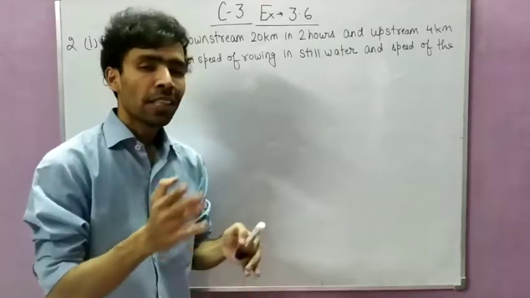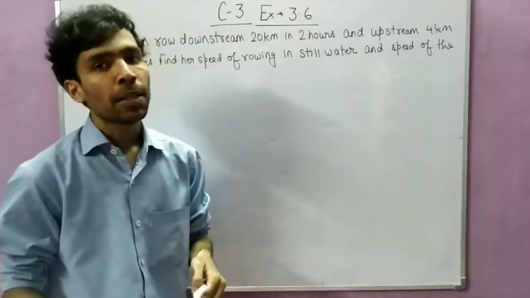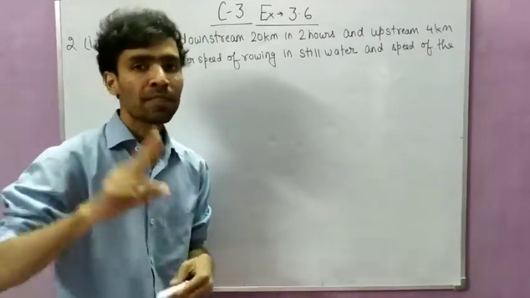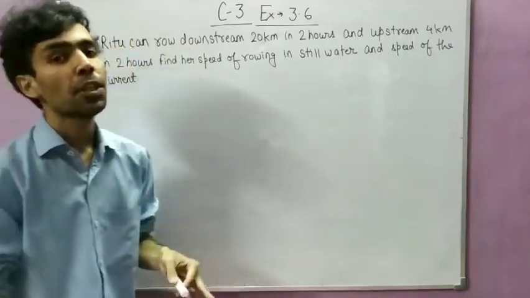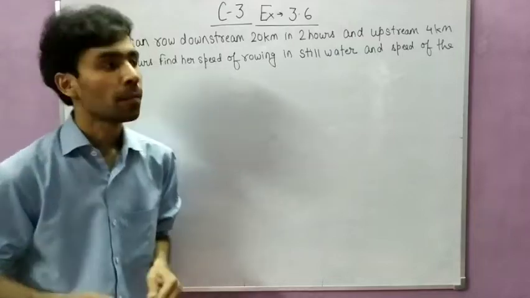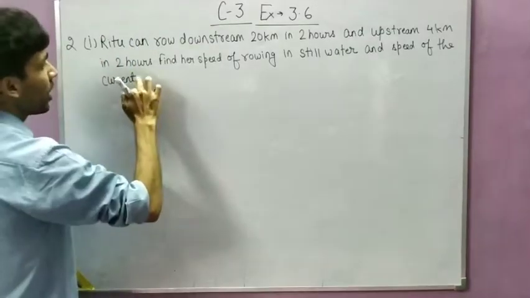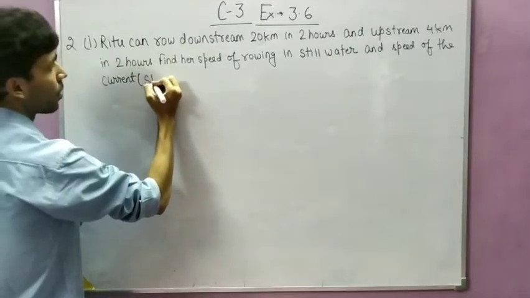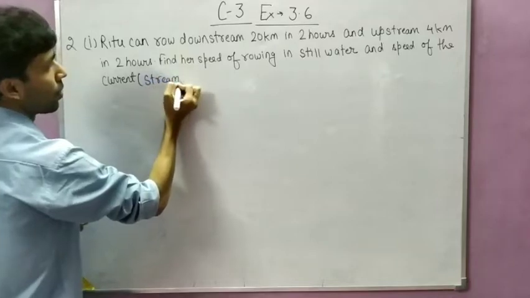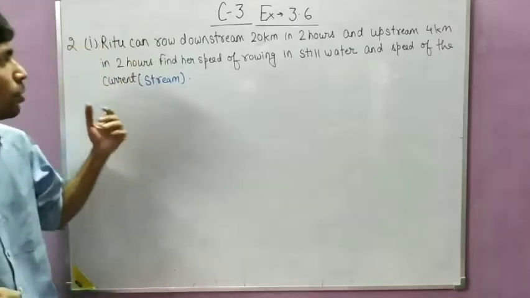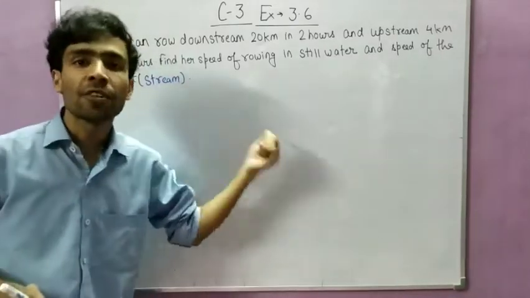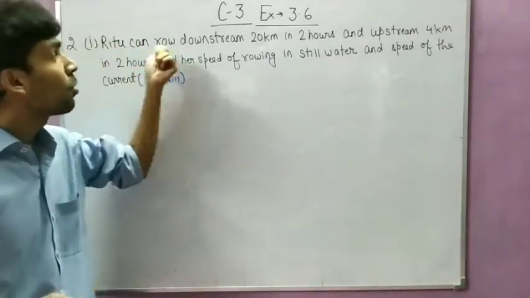For solving downstream and upstream type of questions, you will assume two speeds. First, the speed of the boat, and second, the speed of current or stream. Current is also known as stream, the flow of the river.